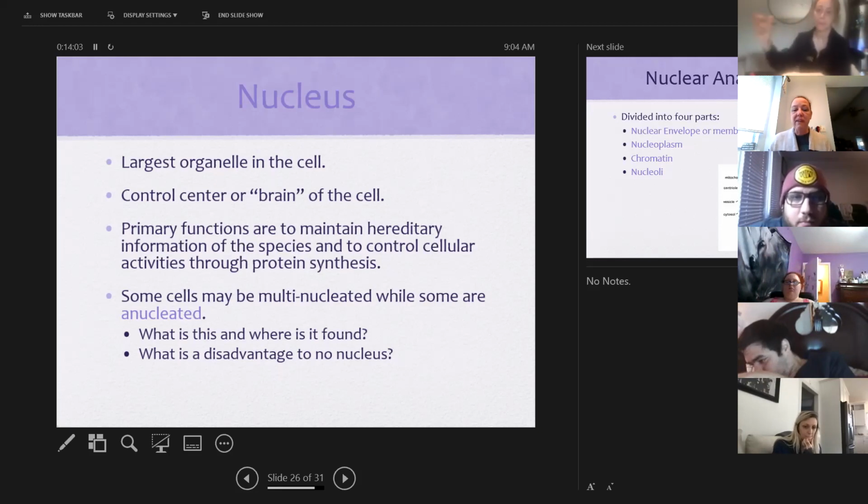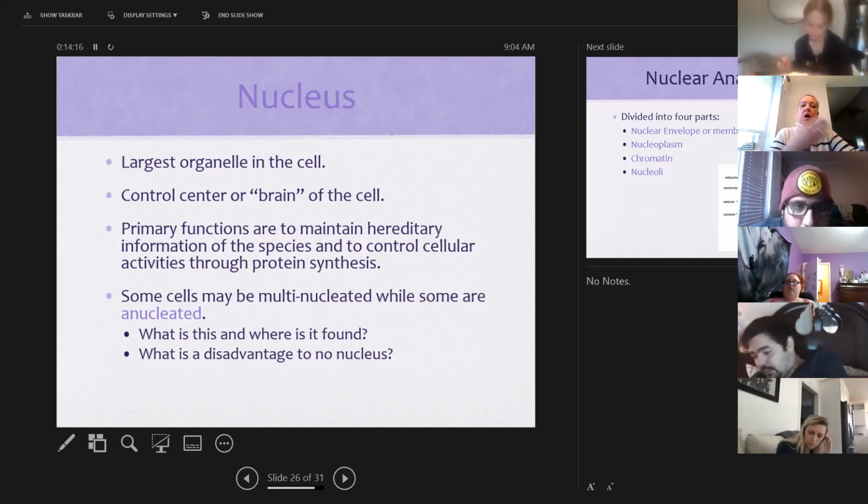So it's kind of a disadvantage because that takes a lot longer than the act of mitosis. That's where you could have conditions like anemia, where your body is either underproducing red blood cells or destroying them faster than you can produce them.